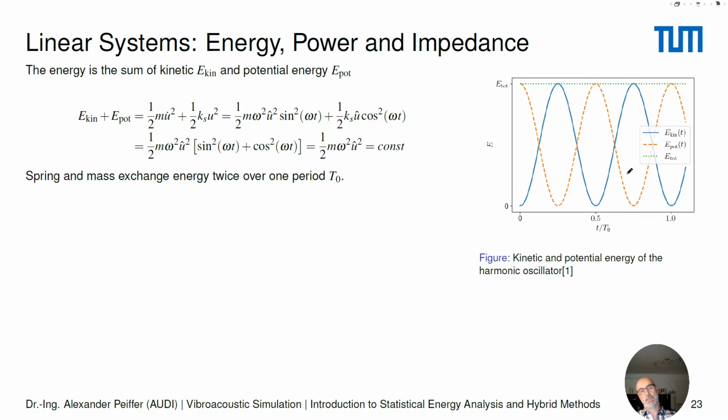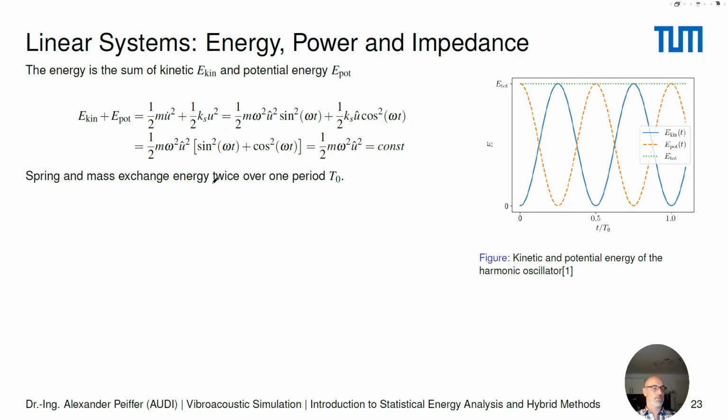What you can see here in the energy diagram, the total energy is given by the green line, and we see that the kinetic and the potential energy are exchanging energy. So either it's totally potential energy, and then it's 0 again, or it's total kinetic energy. But that's the classical effect of an oscillating phenomenon.